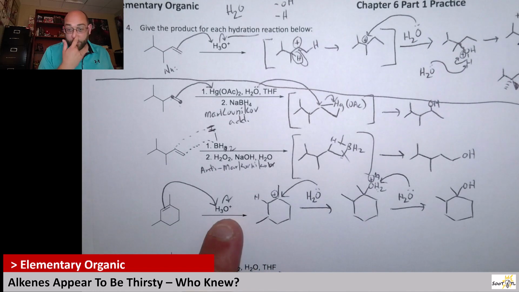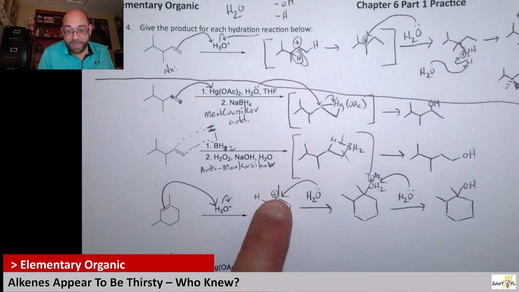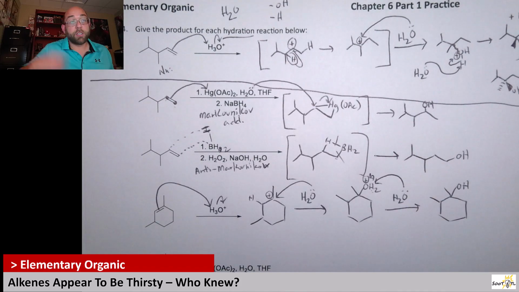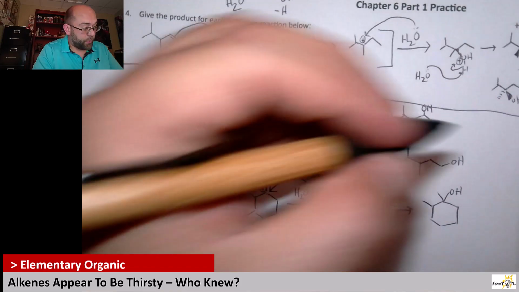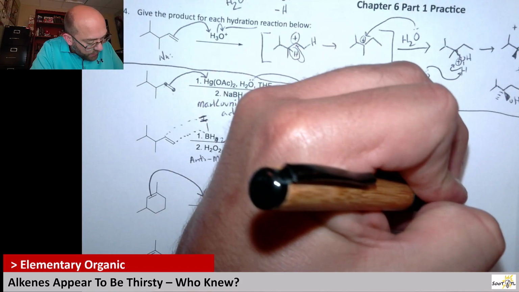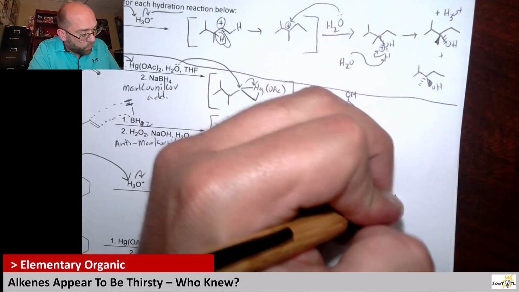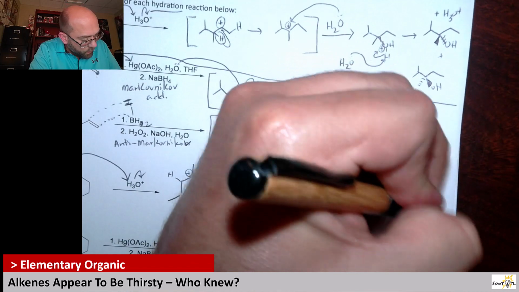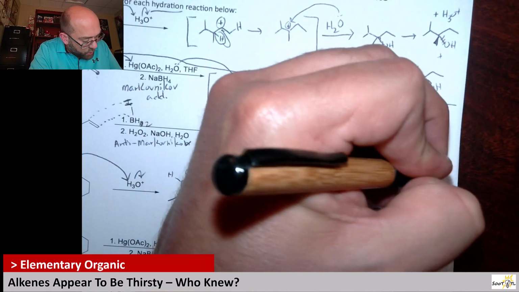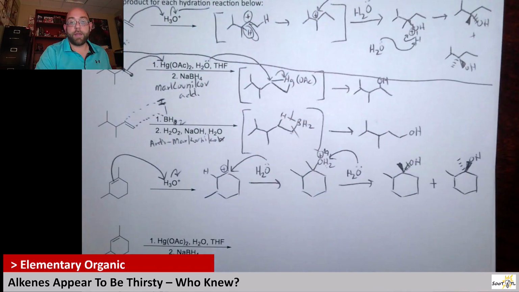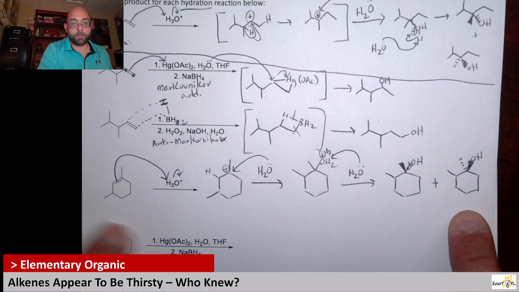Now also remember, this had a carbocation intermediate, so when that water attacked, we did make a new chiral center. So I do have to worry about stereochemistry for this. So I'd have one where I have a dash on the alcohol, and then I have another one where I'd have a wedge on the alcohol, like so. All right, so that's what we're looking at for these products, okay?